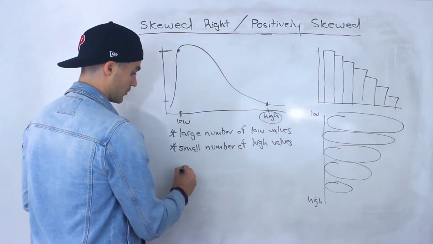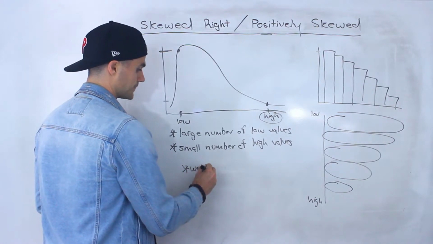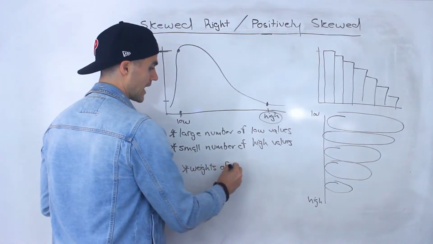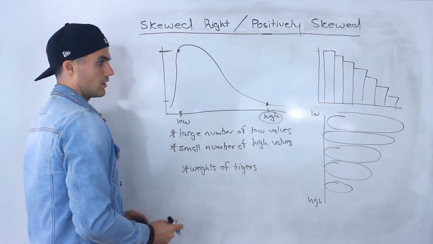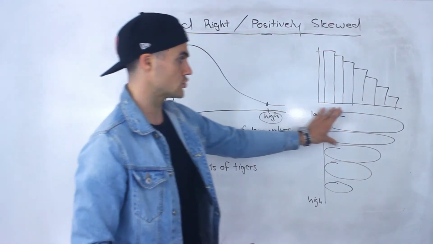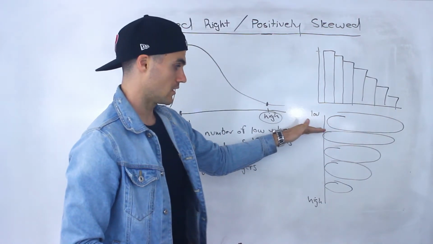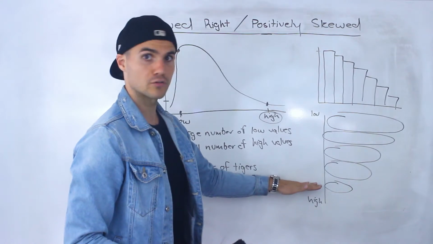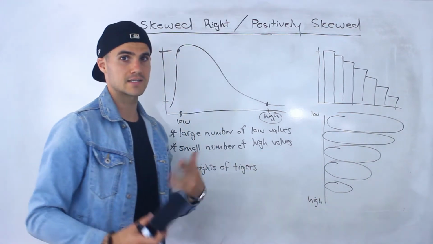We went over an example with this with the weights of the tigers in Nepal, and we had a larger amount having a low weight, right? And then a smaller frequency of them having a higher weight. And then we started analyzing a little bit more.